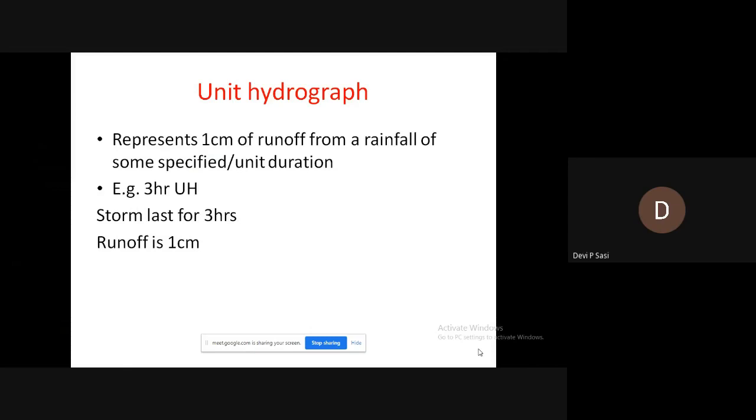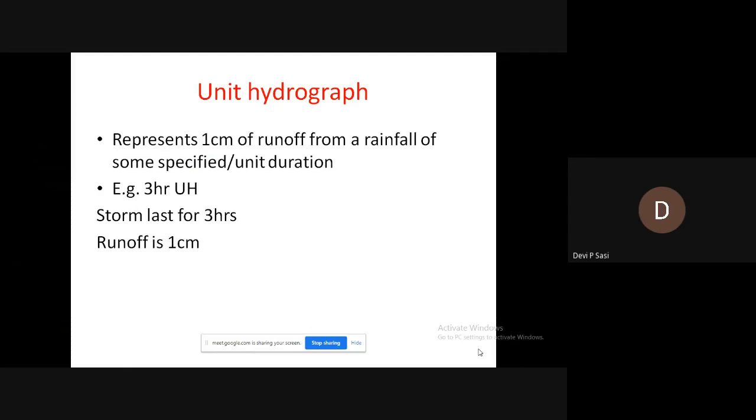For example, a 3-hour unit hydrograph is a hydrograph produced by a runoff from a storm lasting for 3 hours, producing a runoff of 1 centimeter.